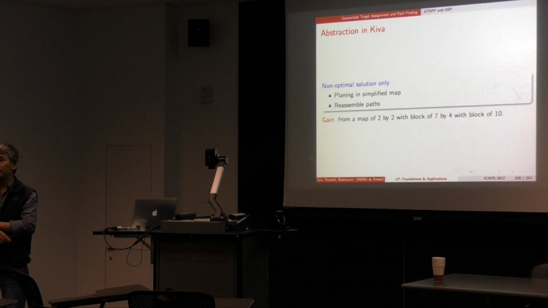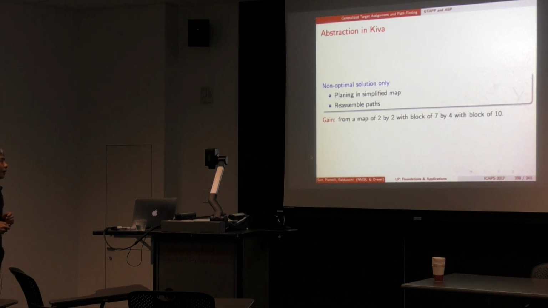The trade-off is that so far we haven't been able to find the optimal solution though. But what we learned from Kiva robotics is that they also do not worry very much about the optimality of the solution yet. So that's something interesting to share.